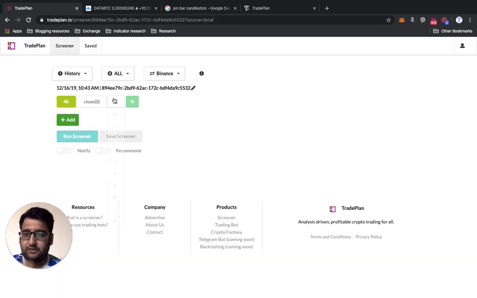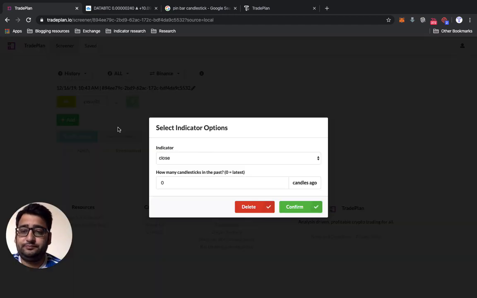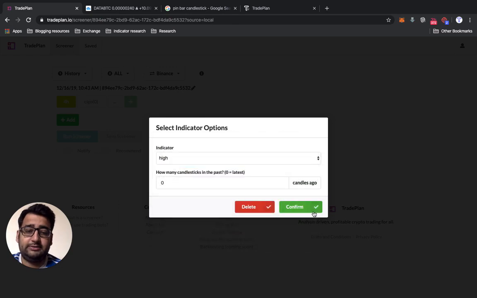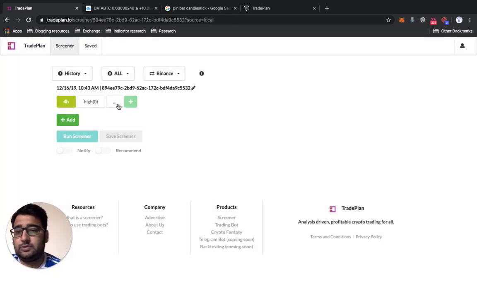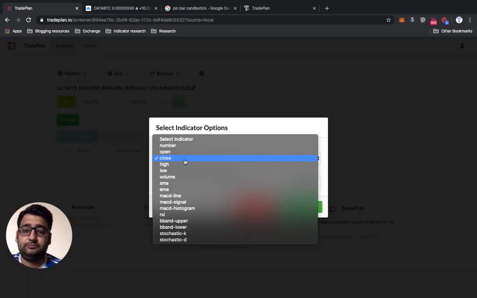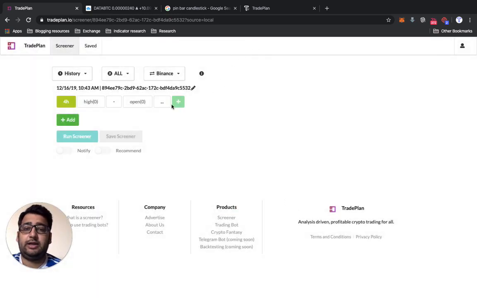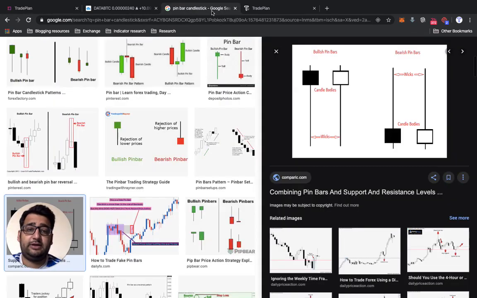So here we are. This is the scanner. The first thing, the high of the latest candle minus the open of the latest candle, right? Okay, the high minus this, what does it have to do?